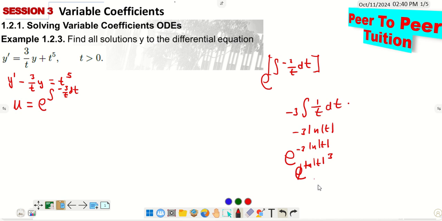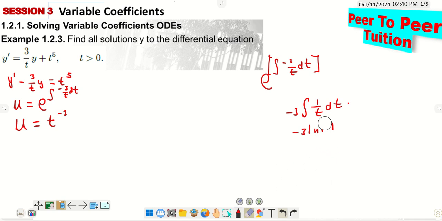Therefore, we have t to the power, remember, because of the negative sign here, it will be negative 3. So we have t to the power negative 3, and that is our integrating factor. So my integrating factor is t to the power negative 3.